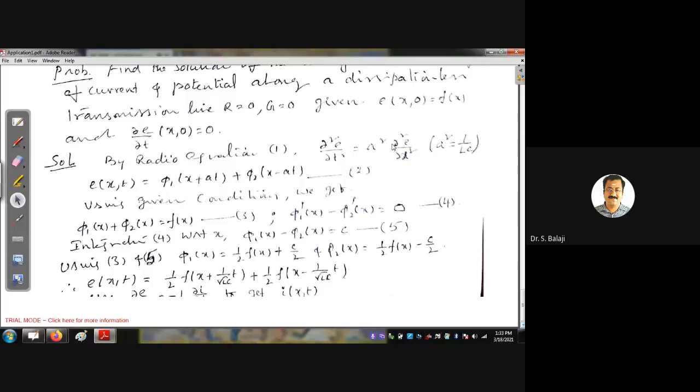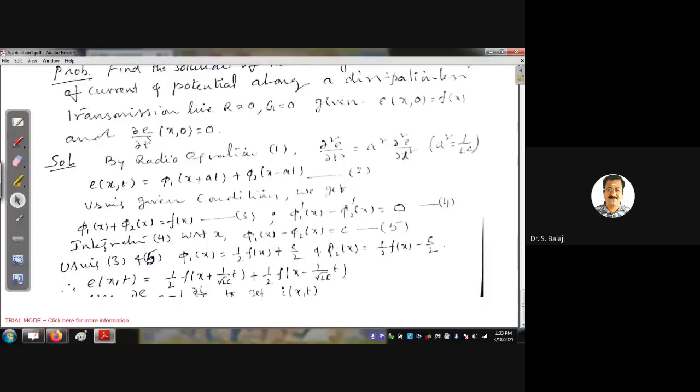And at time t equal to 0, the rate of change of that potential with respect to time is equal to 0.